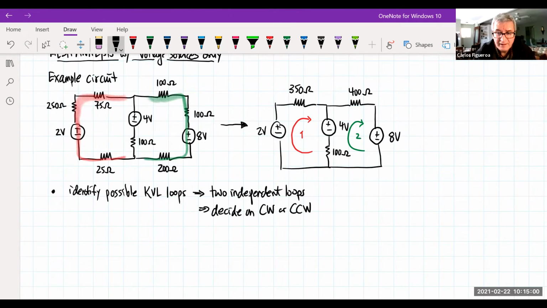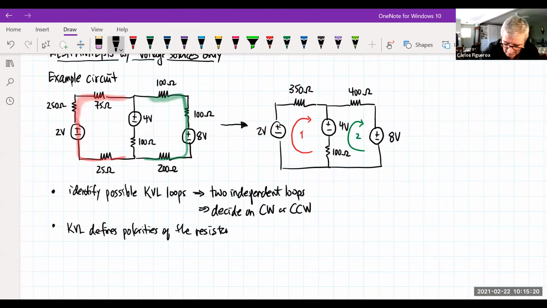So now that I have that, it defines voltages. KVL defines polarities of the resistors. So if I look at loop 1, if I go in this direction, I'm just going to assume that I'm hitting the positive end as I go around.